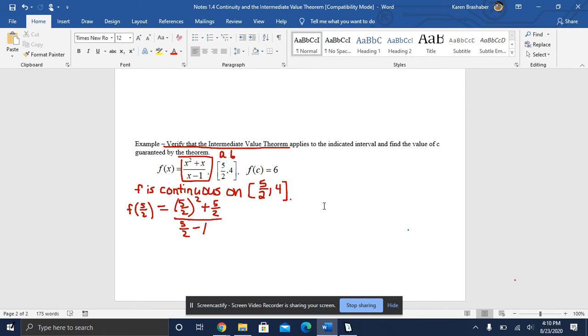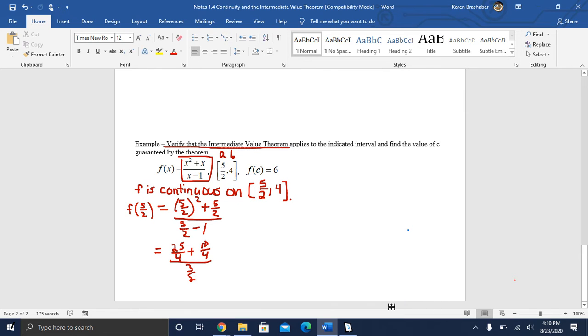Now, you can use a calculator if you like, or you can just crunch this out. So that would be 25/4 plus 5/2. If we go ahead and get a common denominator, that would be 35/4. And then in your denominator, you have 5/2 minus 1. 1 would be 2/2. So that would give us 3/2.